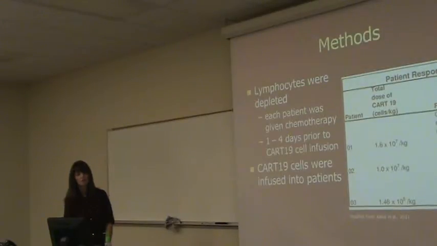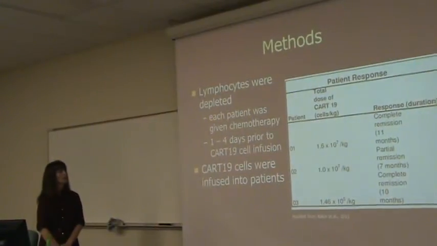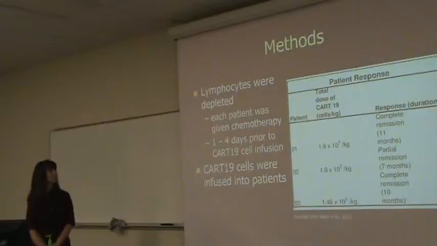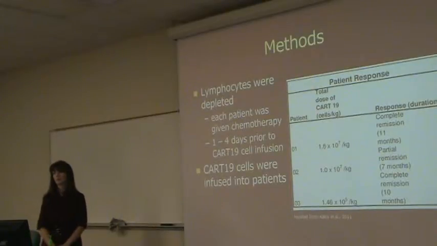So all three of these patients had undergone multiple rounds of chemotherapy. They were no longer responding to the chemotherapy. So that's why they were enrolled in the study: they were basically out of options for treating their disease.